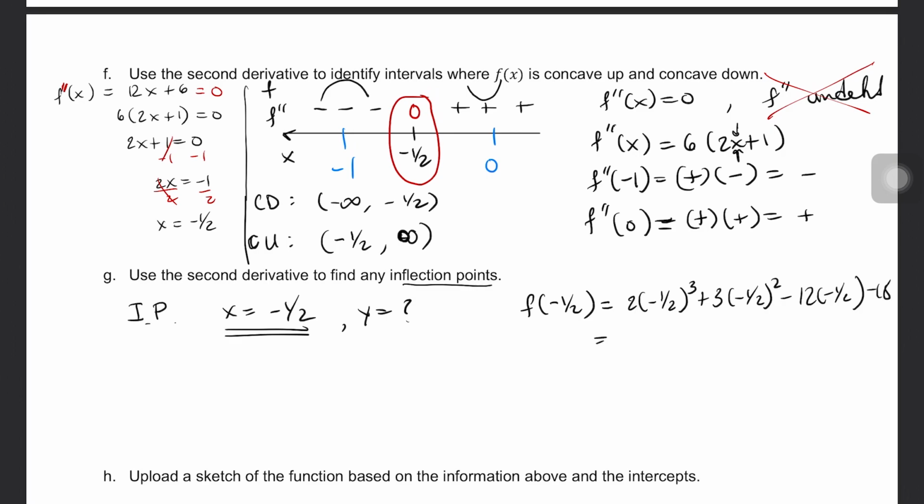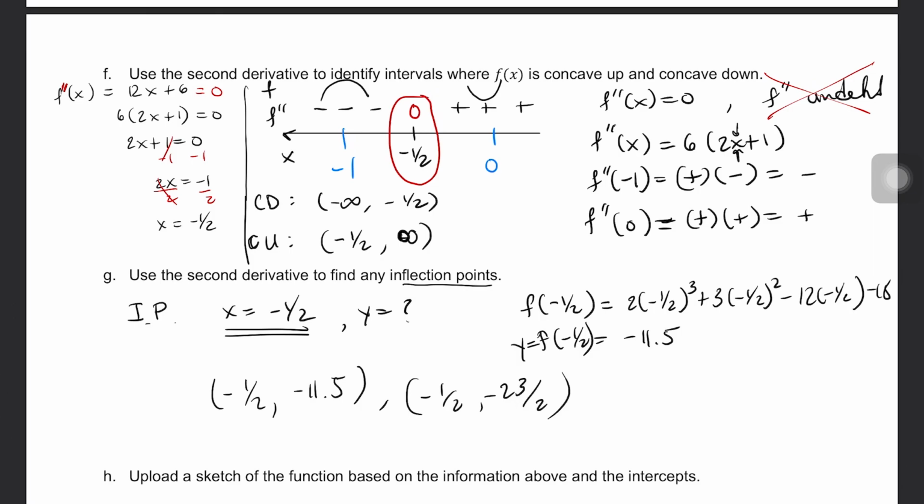When you do all these computations, you should be getting something around negative 11.5. So the point is going to be negative 1/2, comma, negative 11.5. Also, you can write it as negative 1/2, comma, negative 23 over 2.